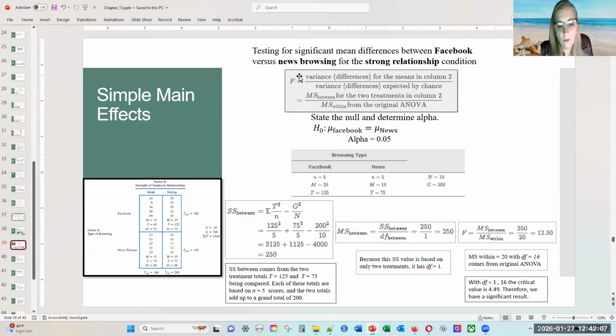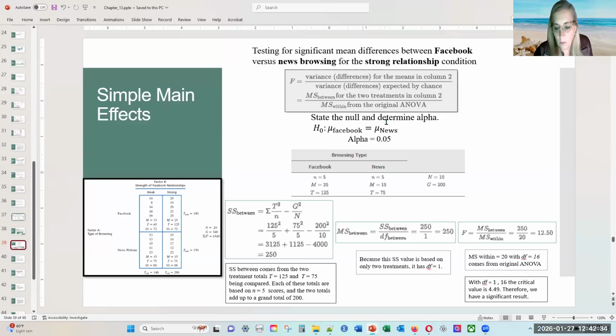And so you can see here for this, it's the variance or differences for the means in column 2, divided by the variance and differences expected by chance. All right, and this equals the mean squares between for the two treatments in column 2, divided by MS mean squares within from the original ANOVA.